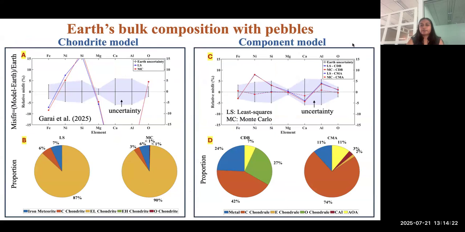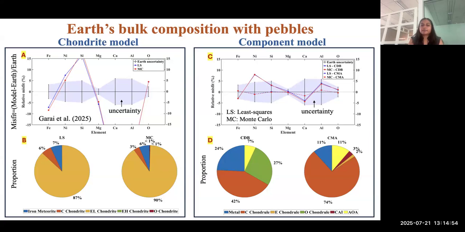And let's compare figures A and C. Figure C is the same as figure A, except for different inputs, of course, this time. CDB and CMA models are both component models. All of them are component models, but they just have different inputs. CMA takes the input from Alexander 2022, and CDB is completely based on measured component data.